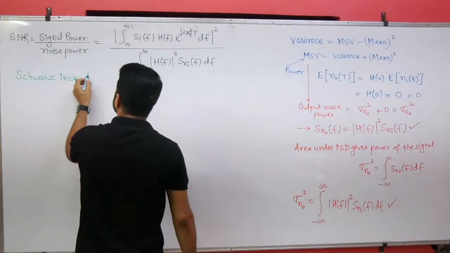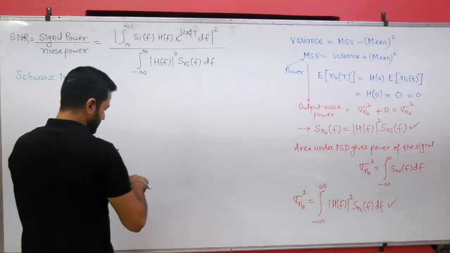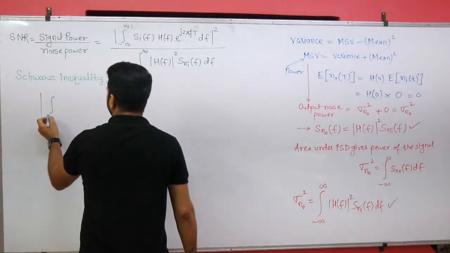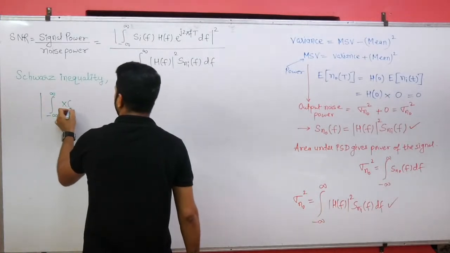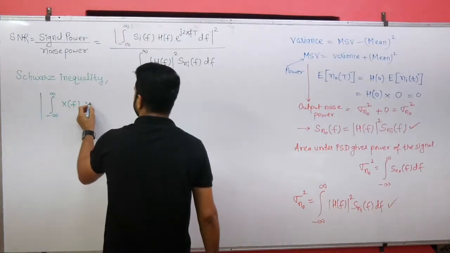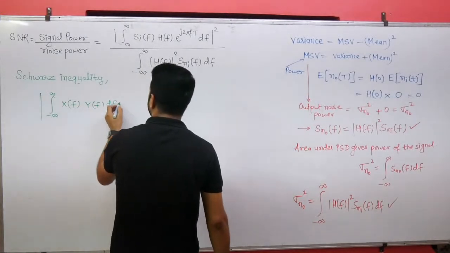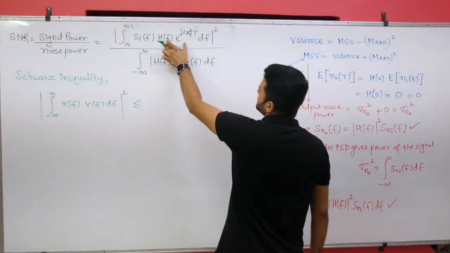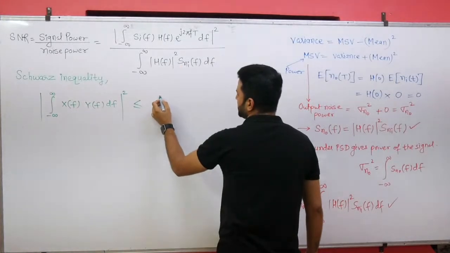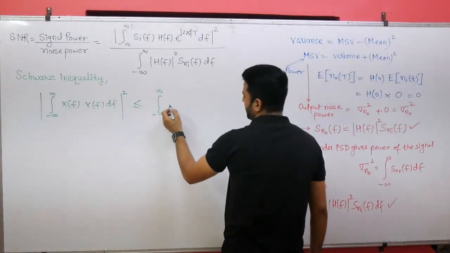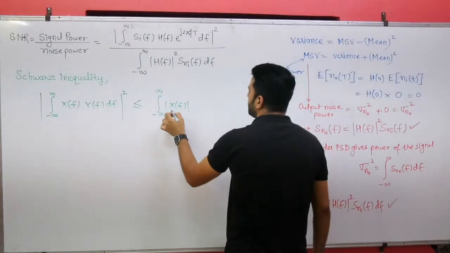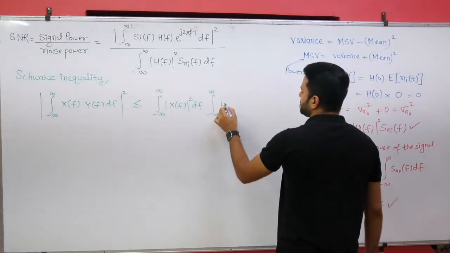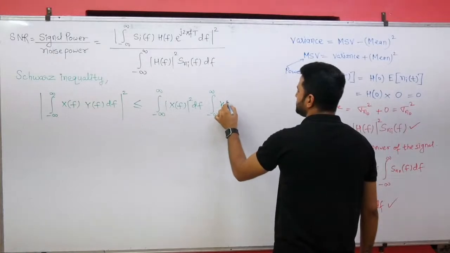This inequality says that if we have this type of function, the integral from minus infinity to infinity of X(f) Y(f) df, magnitude whole square, will always be less than or equal to the integral from minus infinity to infinity of |X(f)|² df times the integral from minus infinity to infinity of |Y(f)|² df.